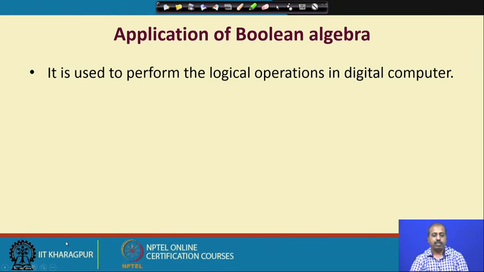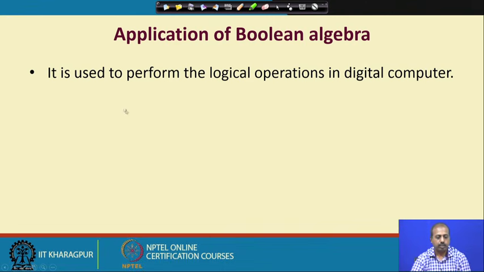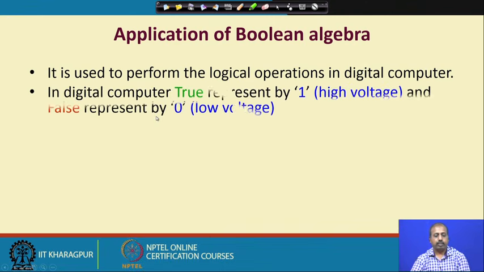Boolean algebra is used to perform logical operations in digital computers, and in fact in digital circuits. In digital circuits, true is represented by a 1, often a high voltage, and false is represented by a 0, which is low voltage.